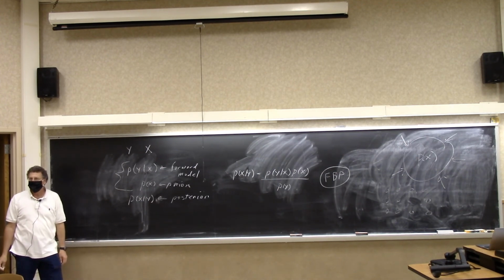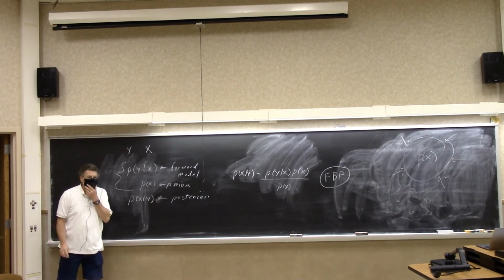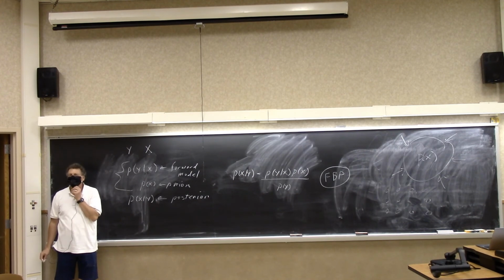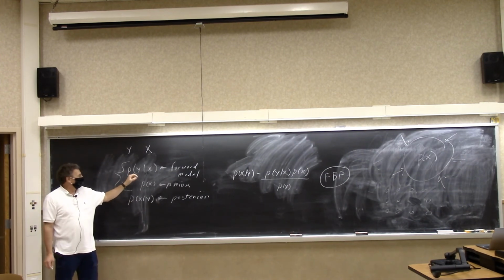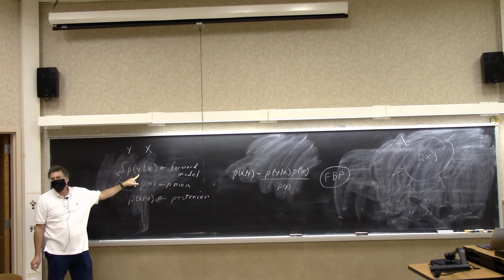Okay, so this is sort of the viewpoint that we'll usually take in this class, and that's why this class is more oriented towards physical sensing problems, you might say. Because in a physical sensing problem, you often have a detailed model for this forward model.